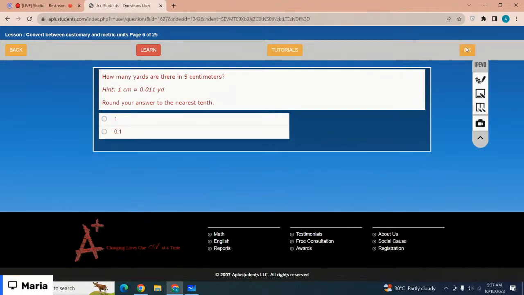How many yards are there in 5 centimeters? That is 0.1. The correct option is 0.1.